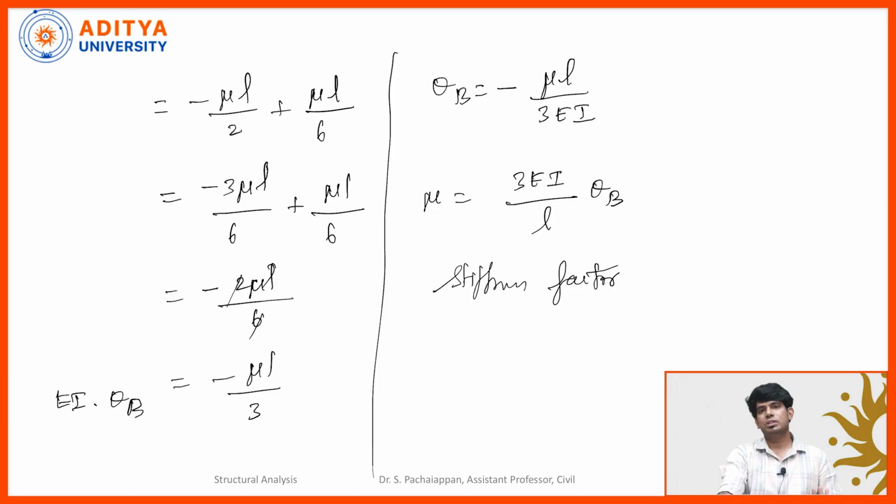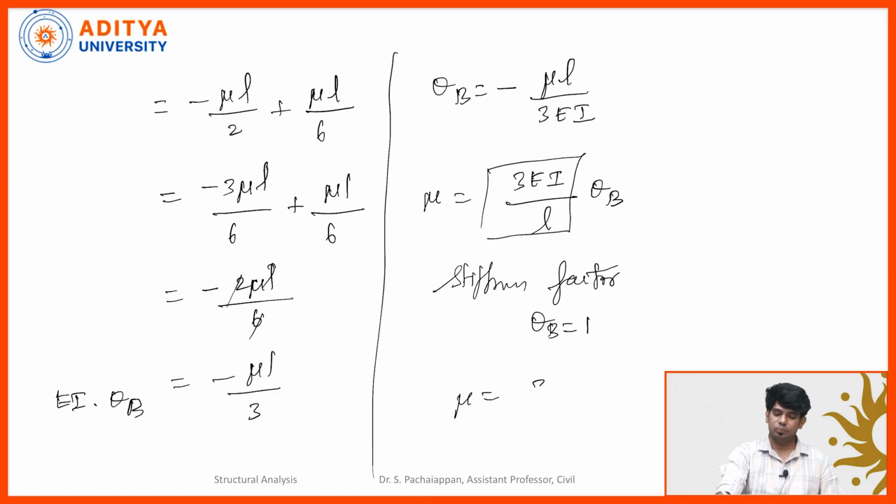Stiffness means the force required to produce the unit displacement, or the moment required to produce the unit displacement. So the moment required is nothing but 3 EI by L. So we need to substitute theta B is equal to 1 because it's a unit rotation. If you substitute it, you will be getting mu is equal to 3 EI by L.